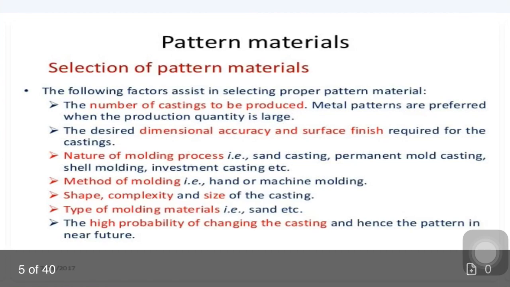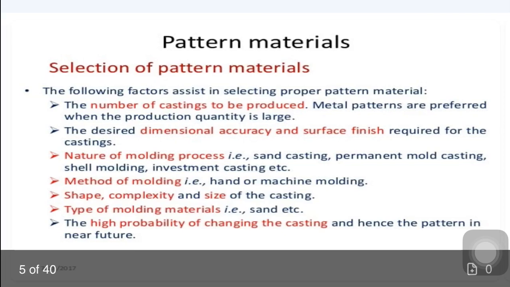You can use sand casting, where you make the mold from sand. In permanent mold casting, you make the mold using metal. In shell molding, the mold is also made from metal. And the last is the investment casting process, where the mold will be made from wax, right?